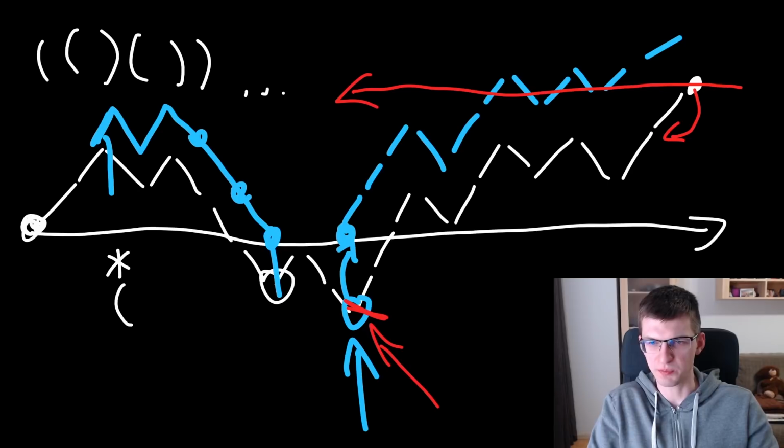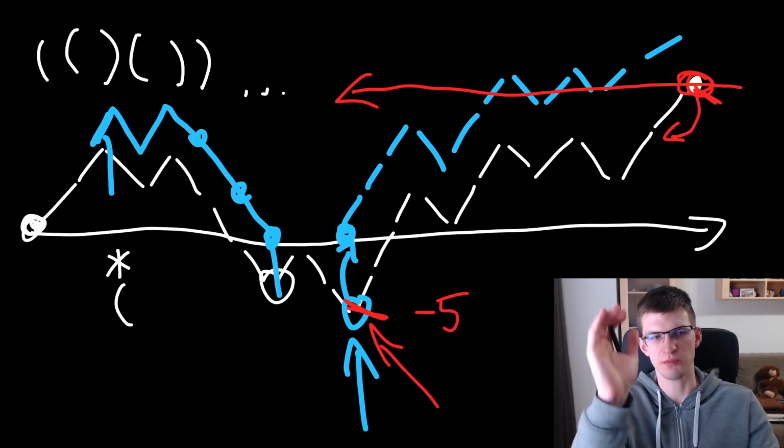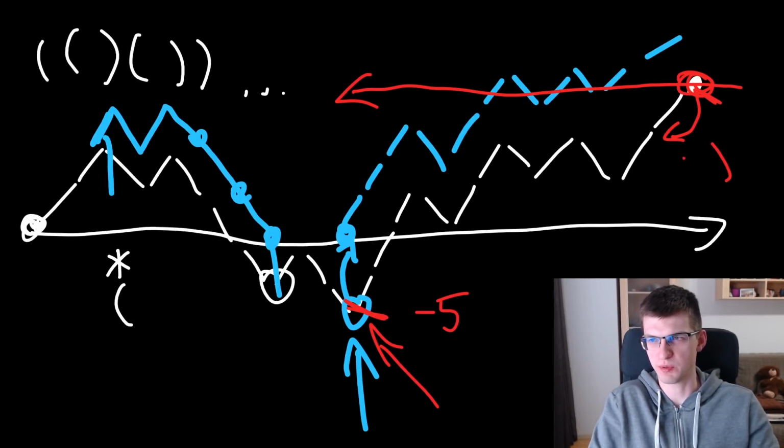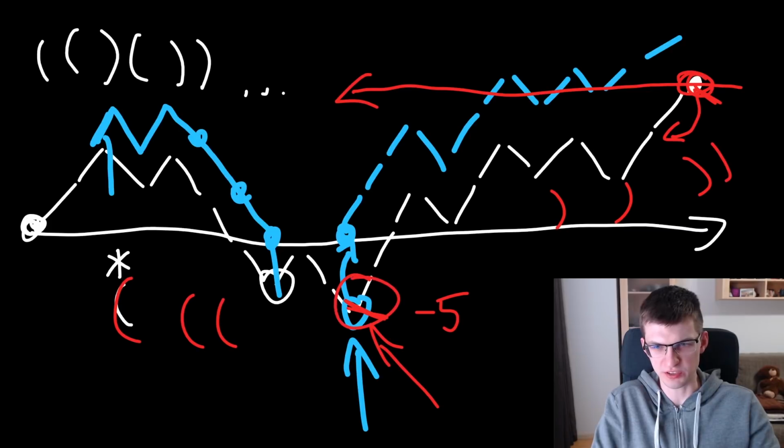Up to this moment, because this is, I think, -5 compared to this relative 0. This is -5 for us with respect to this line. We will use 5 stars to change them into brackets that will help us. So those will be brackets like that. They will shift the graph up. And on the left, we wanted to change some on the left from this minimum point to opening brackets.